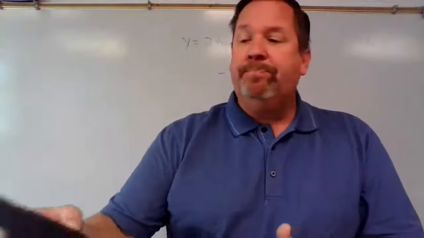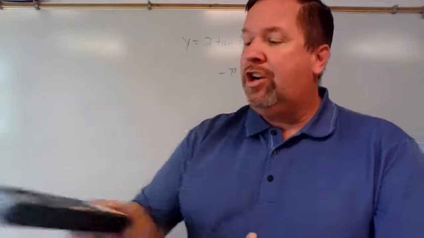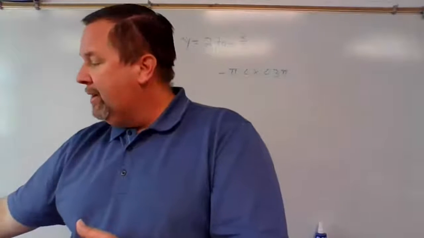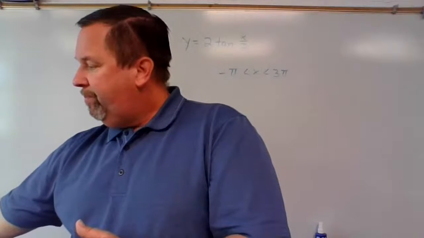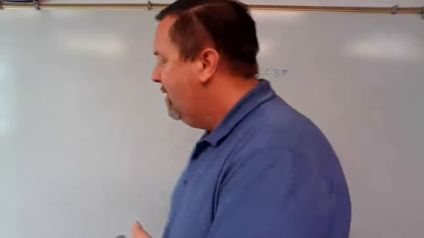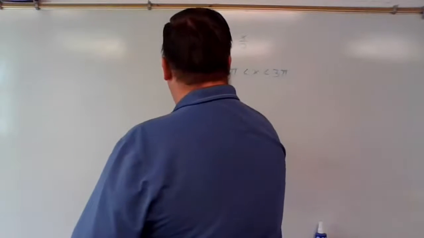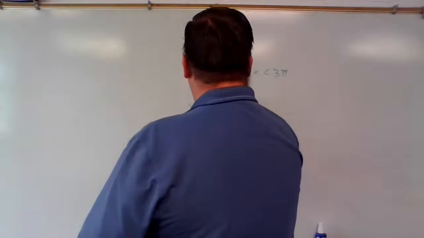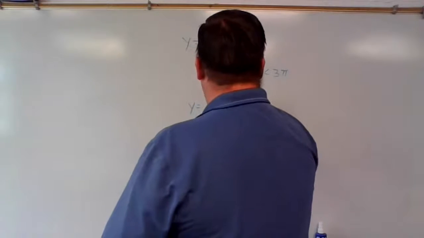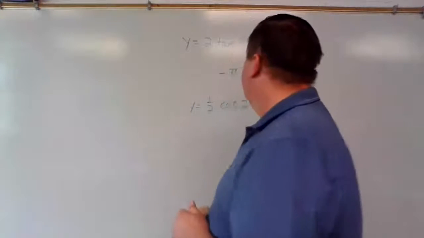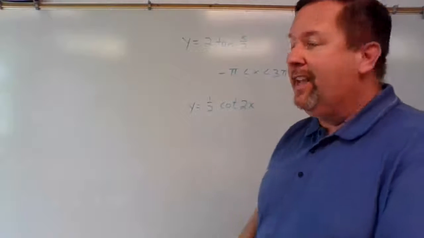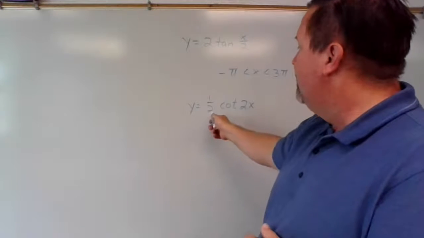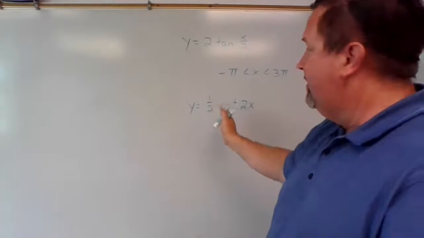Let's do a cotangent one real quick, or at least let me show you how to set it up in the calculator. Y equals 1/2 cotangent of 2x. If I'm putting this in the calculator, I'm going to put the 1/2 in because that's not flipped.